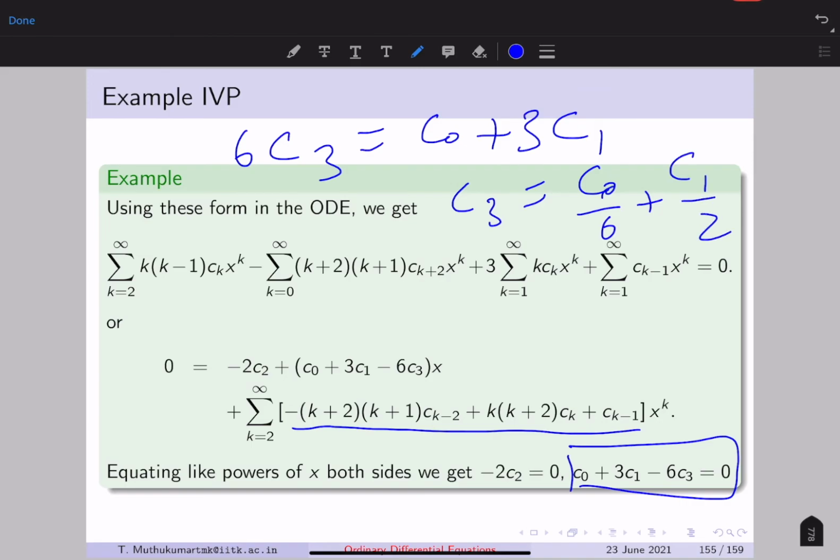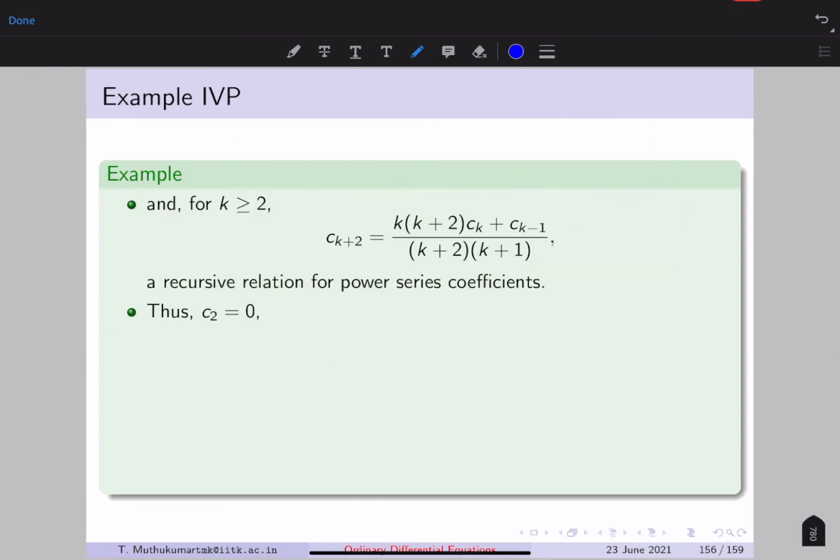That's precisely what we have obtained here. c3 is c0 by 6 plus c1 by 2, and c4 we have already computed. Similarly, you can go on computing c5, c6 and so on.